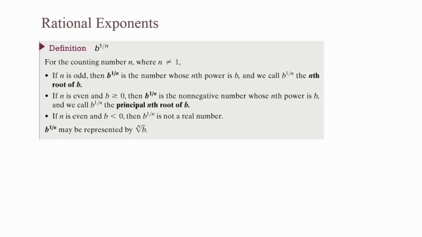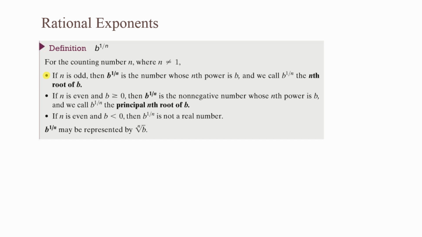Rational exponents. Definition: b to the 1/n power. For the counting number n, where n does not equal 1, if n is odd, then b to the 1/n power is the number whose nth power is b, and we call b to the 1/n power the nth root of b.